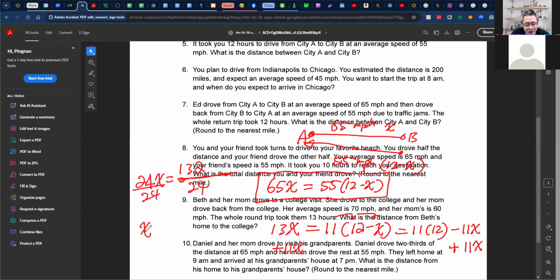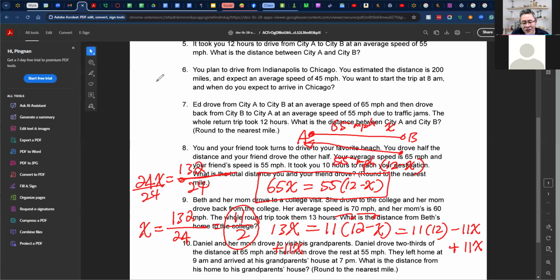So x then would equal 132 over 24. And we can simplify that to 11 over 2. Okay. So that's 5.5, so 5 hours and 30 minutes.